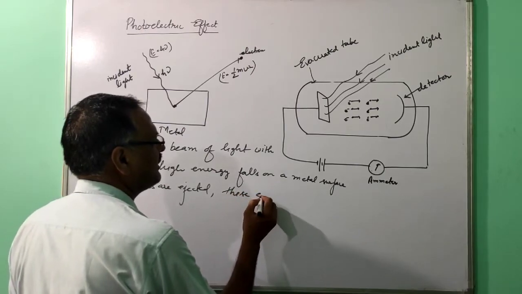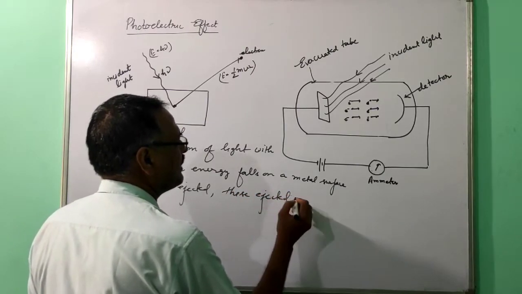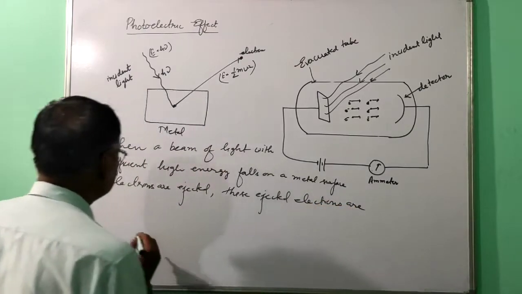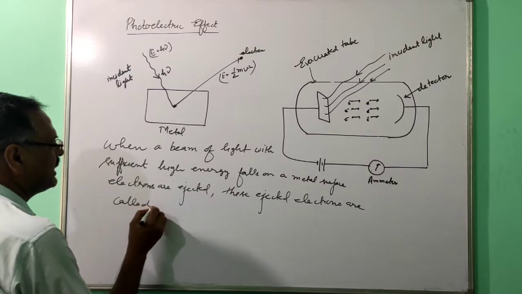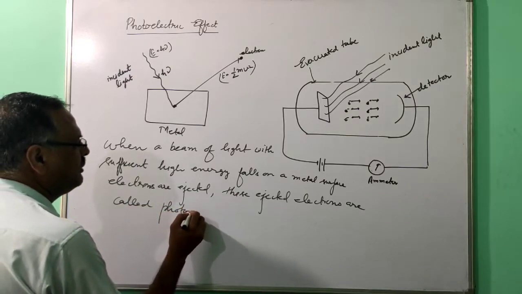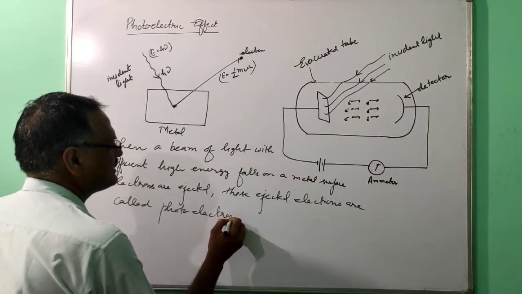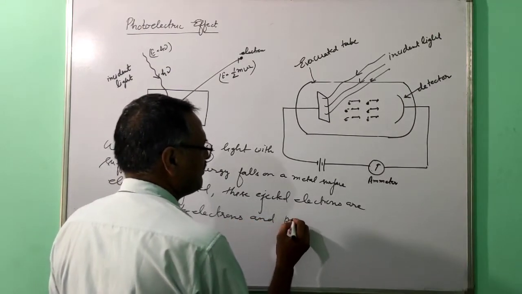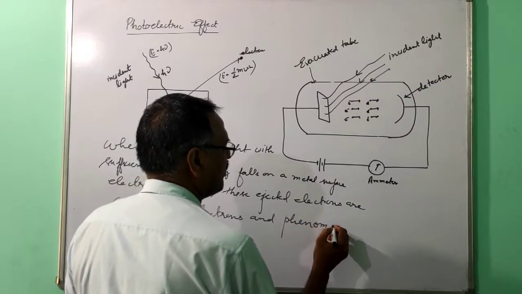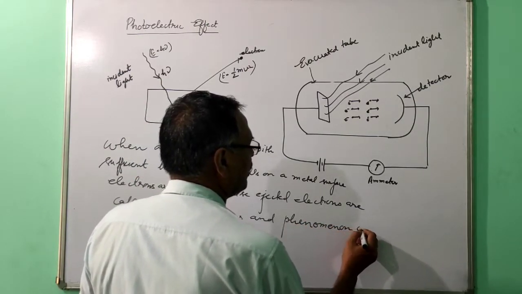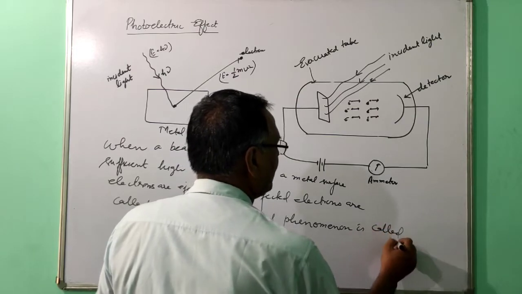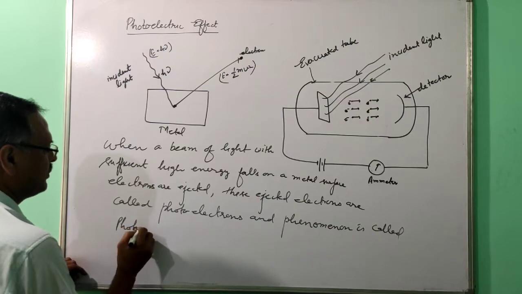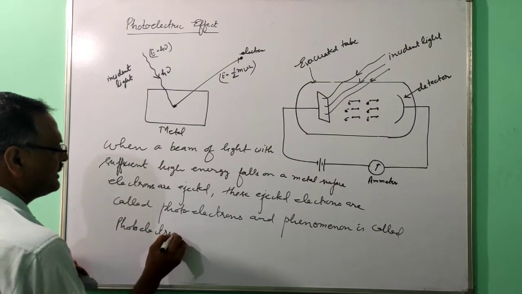These ejected electrons are called photoelectrons, and the phenomenon is called the photoelectric effect.